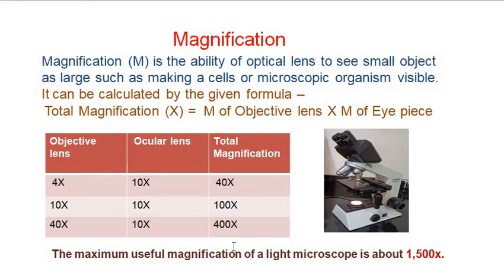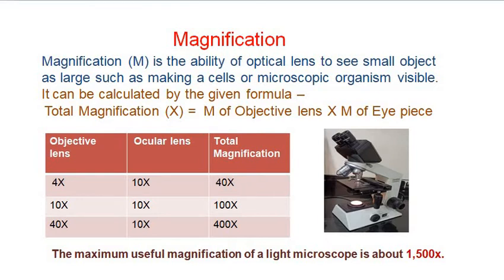The magnification factor depends on what type of objective lens is used during the observation of the specimen by the microscope. So if you use a 4x objective lens and the ocular lens is 10x, then the total magnification of the image of the specimen would be 40x.